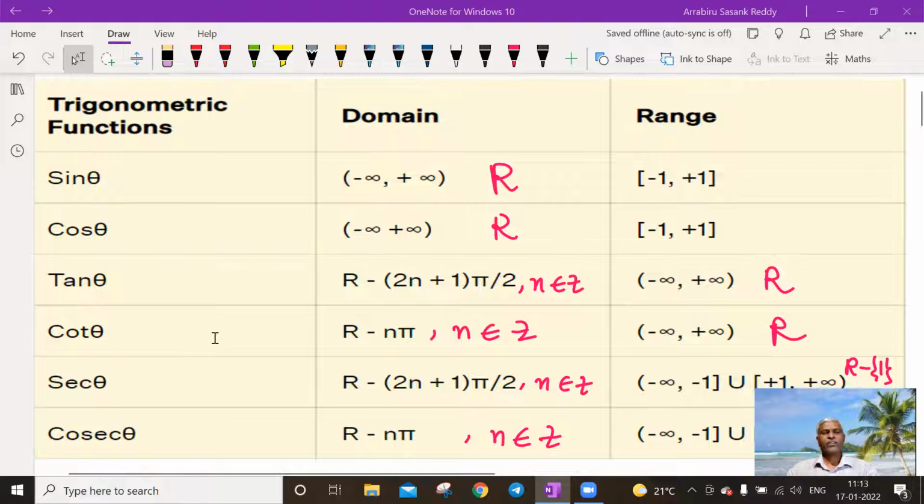Cot theta, cot function, the domain is R minus n pi. For n pi, cot is not defined. That is, if you take n equal to 0, n equal to 1, it is 180 degrees. Cot 180 is not defined. 0 is also not defined.